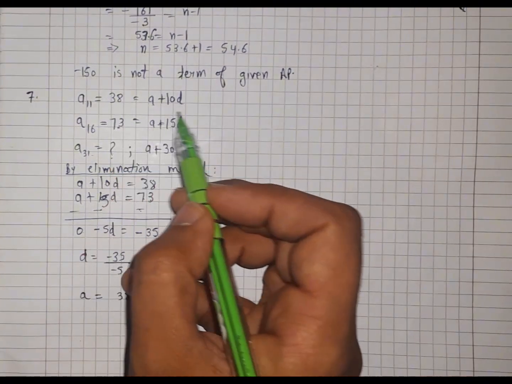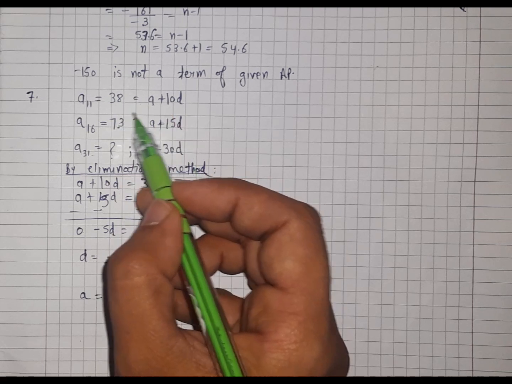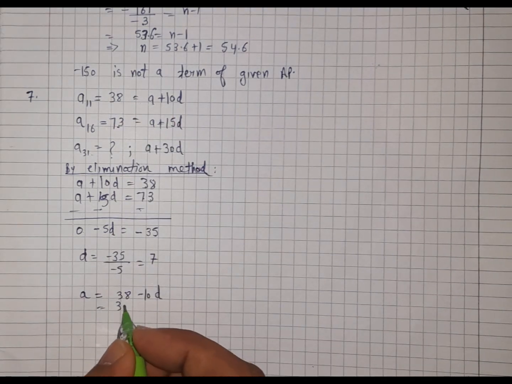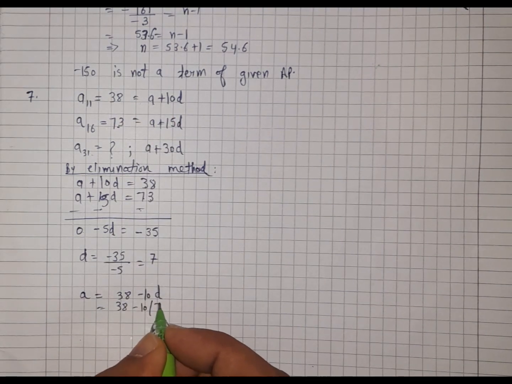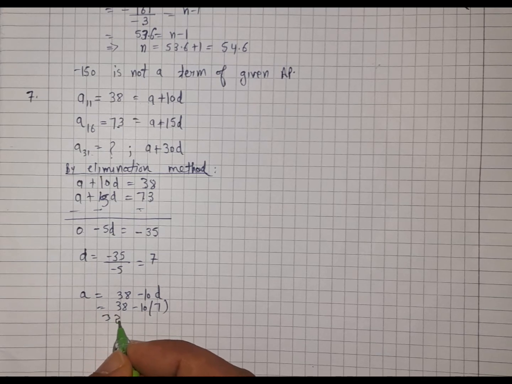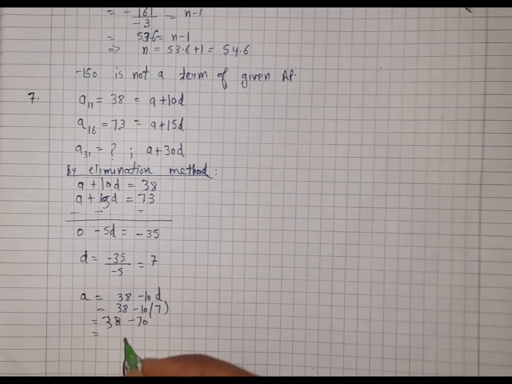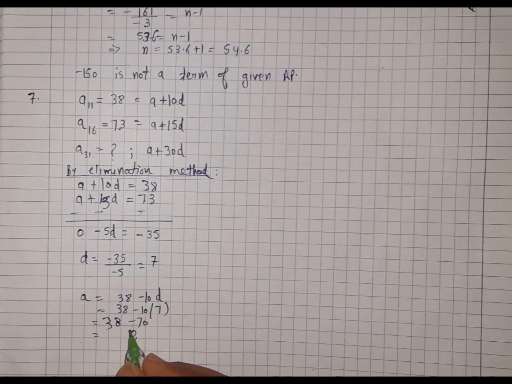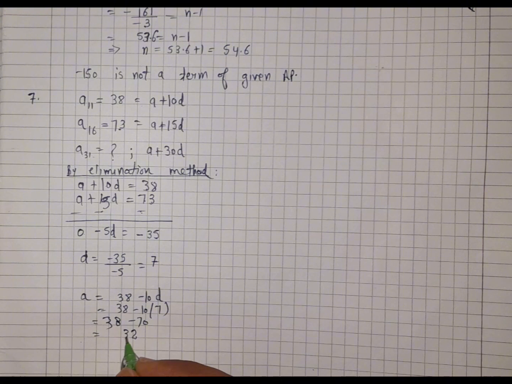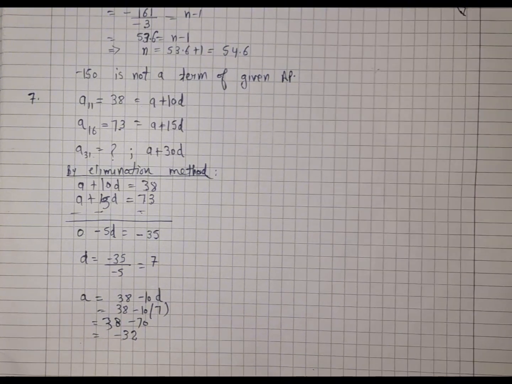The difference is 7, which implies that from the first equation we have a equals 38 minus 10d, that is 38 minus 10 into 7, 38 minus 70, which gives minus 32. So a equals minus 32.